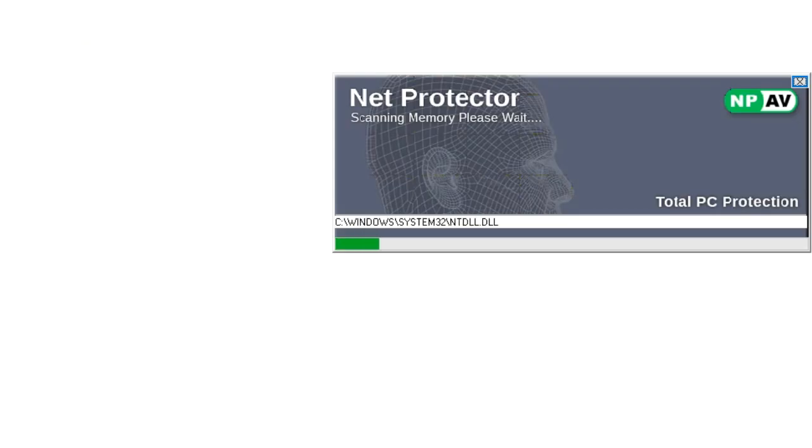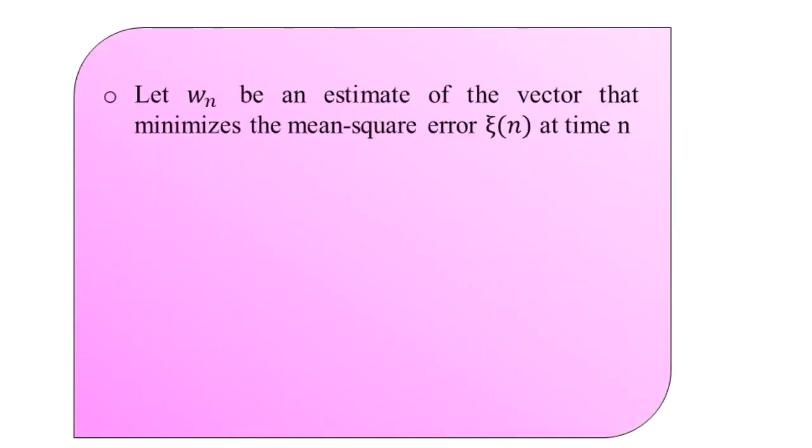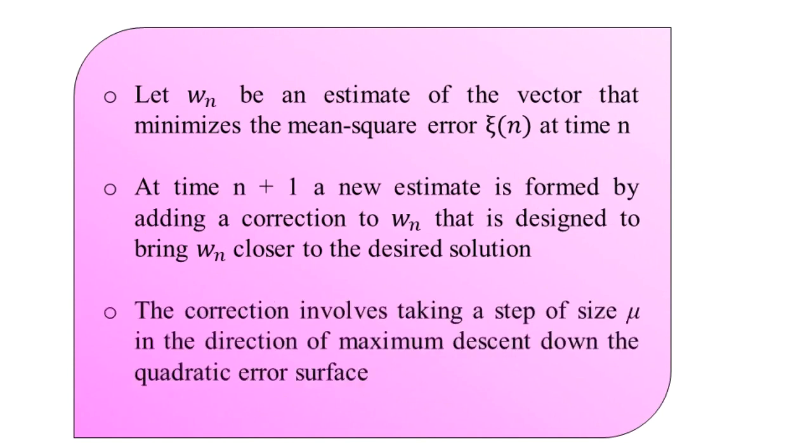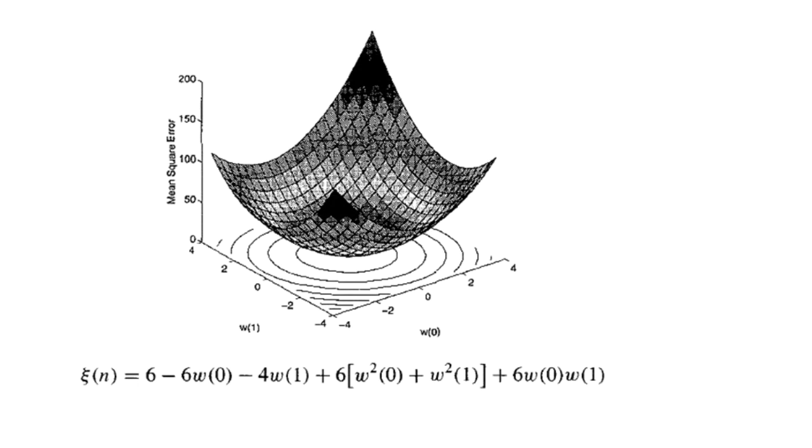For example, let us discuss a three-dimensional plot of a quadratic function of two real-valued coefficients, denoted by w of 0 and w of 1. Here we have the quadratic function of the two weights shown with the help of the three-dimensional plot, and below that we have the mathematical representation of zeta of n in terms of w of 0 and w of 1.